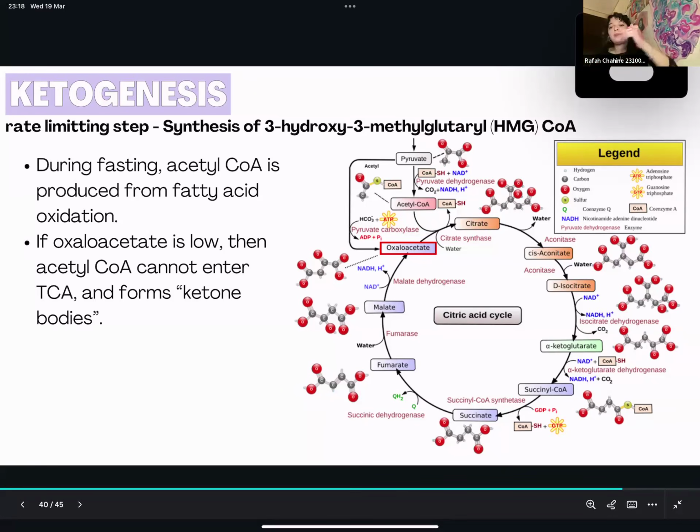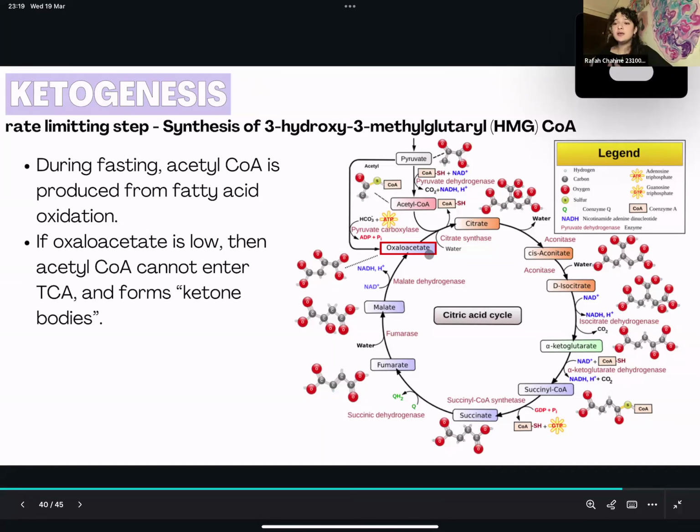Why is that? Because when we are fasting, we have a decreased amount of oxaloacetate. So this means that acetyl-CoA cannot enter the citric acid cycle, because in order for acetyl-CoA to enter the citric acid cycle, as you can see, it needs oxaloacetate. So in the case of fasting, oxaloacetate is low. So acetyl-CoA cannot enter the citric acid cycle.